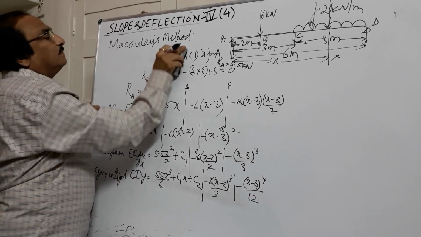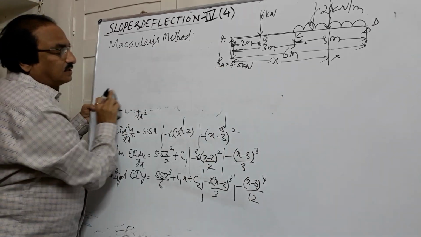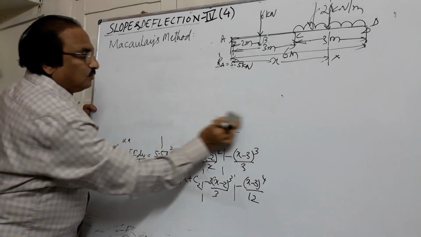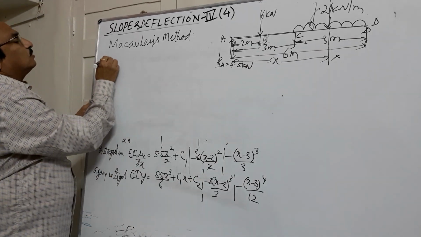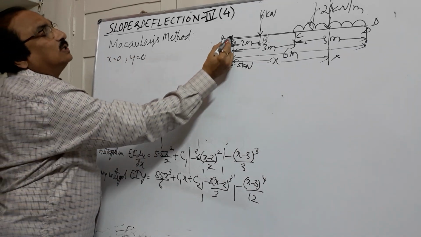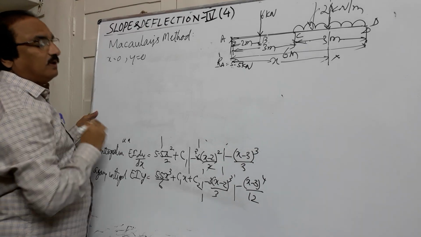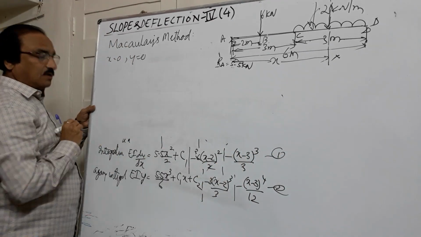Let us go with that. To find out c1 and c2, we use the boundary conditions. At x is equal to 0, y is equal to 0, meaning when x is 0 there is no deflection here, so y will be equal to 0. Let us substitute the values in the equations.